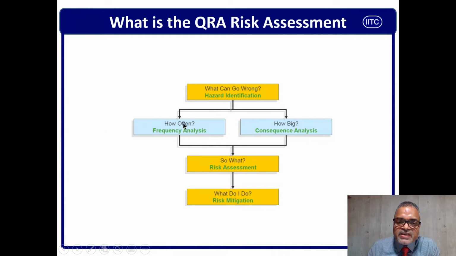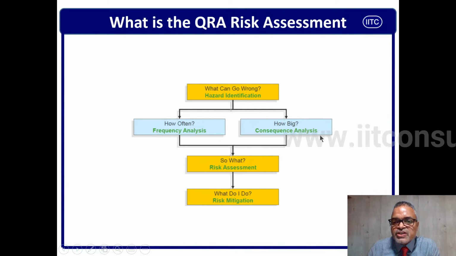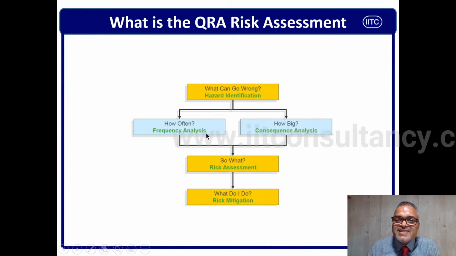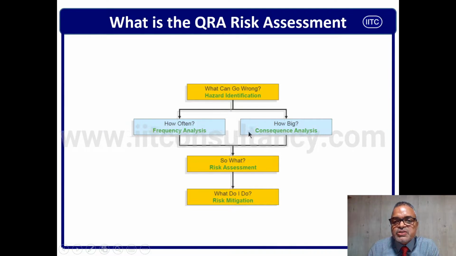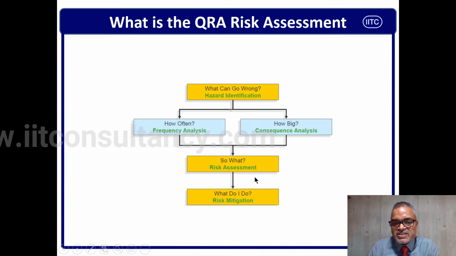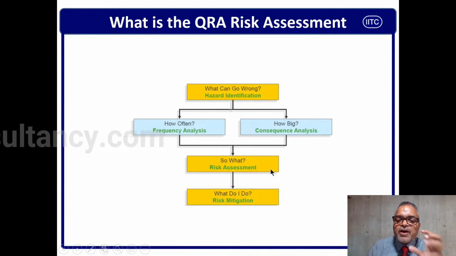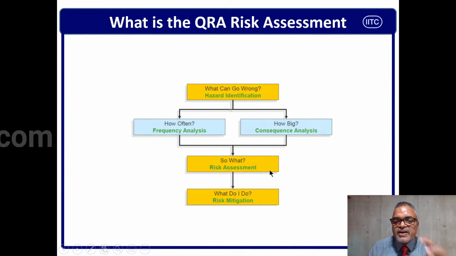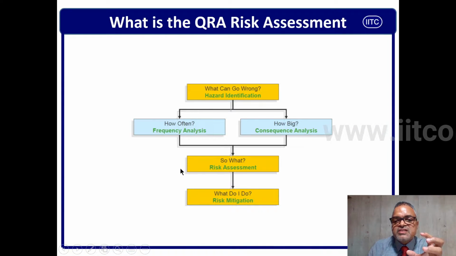After identifying the frequency and after identifying the consequence, meaning severity, then we need to multiply these two things to get the risk. And this is also part of the software, PHAST or Safeti.